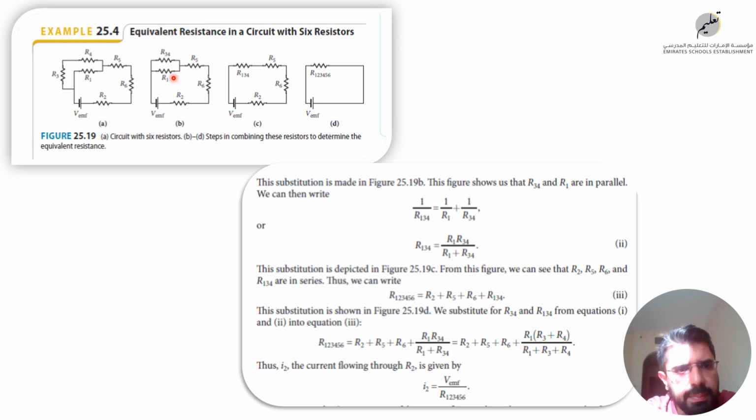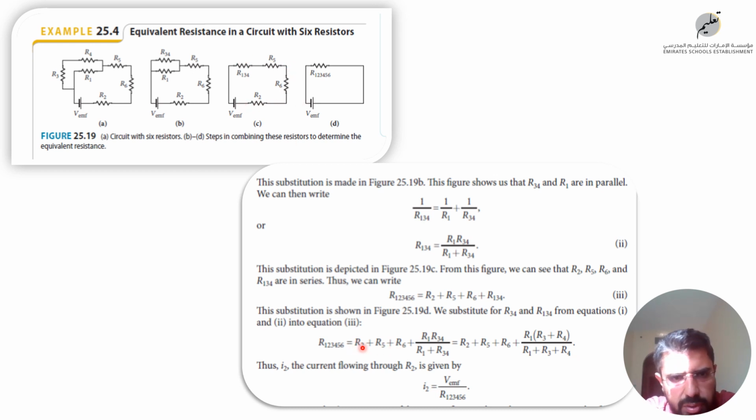As a second step, we simplify R1 and R3 and 4 into one resistor. So we call it R134. So you see here, we have R134. Instead of two resistances, now we have one resistance. Now the shape of the circuit is too easy. Look at them, they are all in series, so we have to add them.